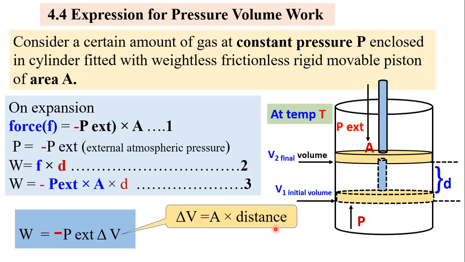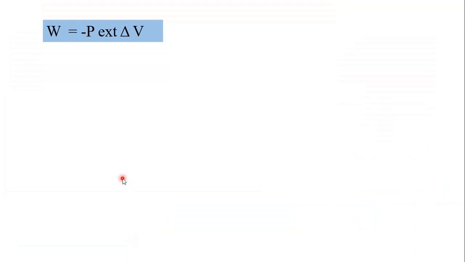Substituting this, you get W is equal to minus P external into delta V. Delta V is equal to V2 minus V1. Therefore, W is equal to minus P external into (V2 minus V1), where W means pressure-volume work, P is the pressure, V2 is the final volume, and V1 is the initial volume.